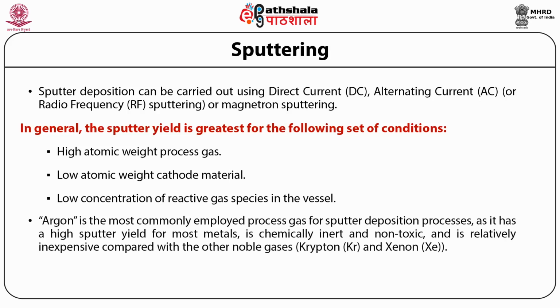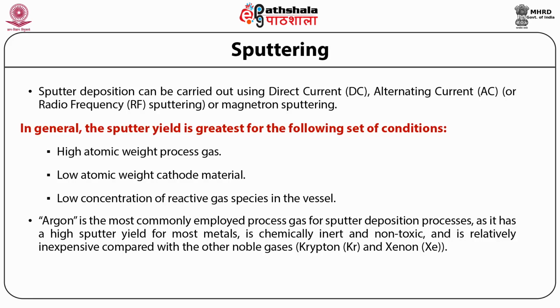Argon is the most commonly employed process gas for the sputter deposition process, as it has high sputter yield for most metals. It is chemically inert and non-toxic and is relatively inexpensive compared with the other noble gases such as krypton and xenon.